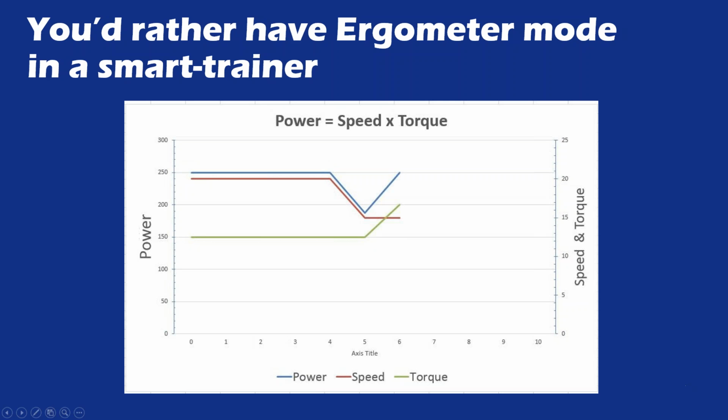It's actually faster than that. The smart trainer will increase the torque so that the product of torque times speed is restored to the 250 watt target.